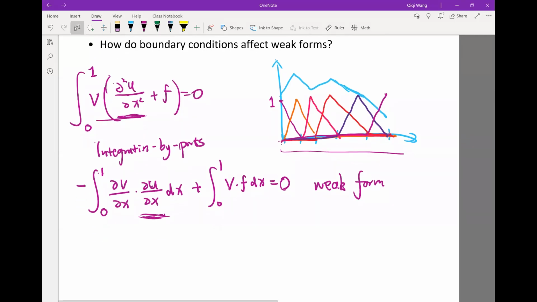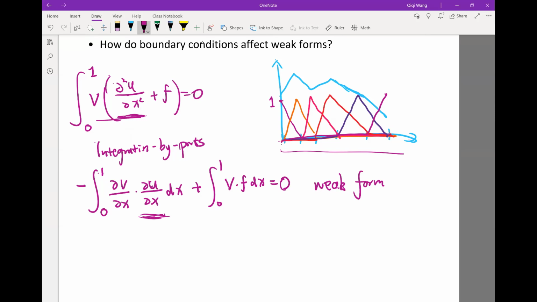Finally, boundary conditions. We studied two types of boundary conditions. One type is a fixed value boundary condition. The fixed value boundary condition really just helps fix the coefficients of the unknown solution, so you basically get some coefficients that are removed from the unknowns.